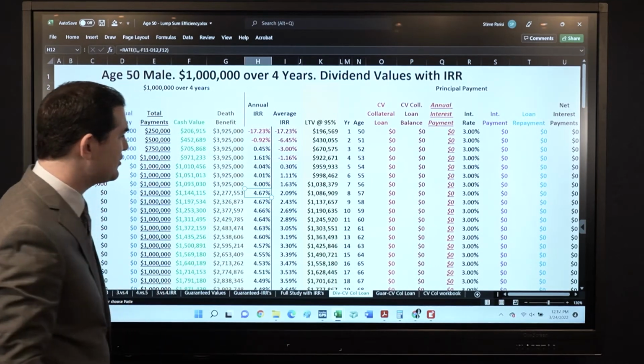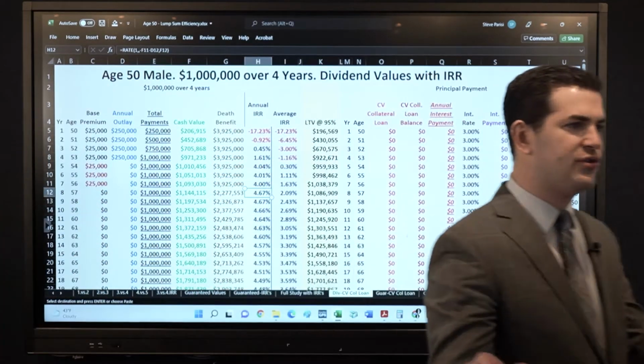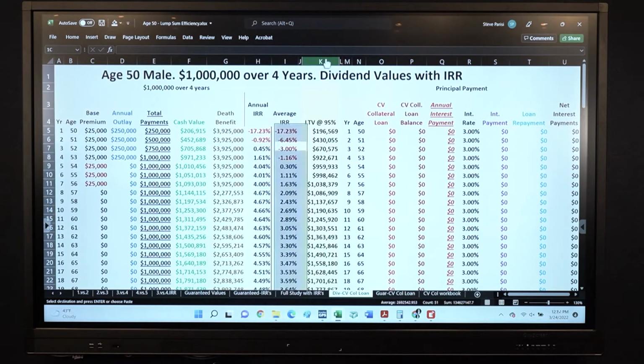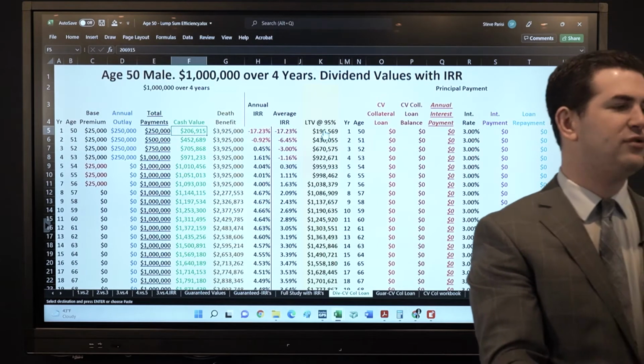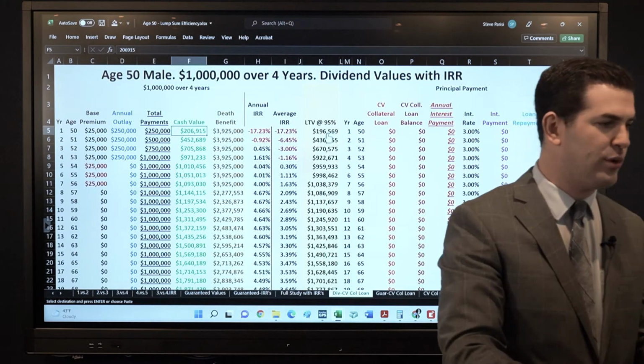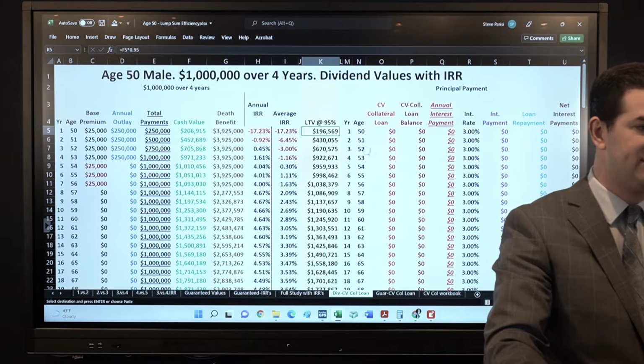Okay, so let's look at some models, shall we? Why don't we assume this column here, well, not assume, this is the maximum we can borrow. So if I've got $207,000 in cash value, the maximum loan I can take out right here would be what? Based off the 195, not the $200,000 in cash value, or the 196 here.